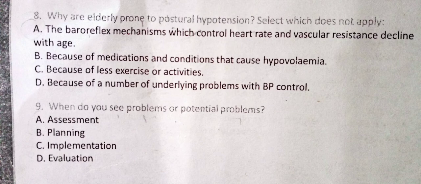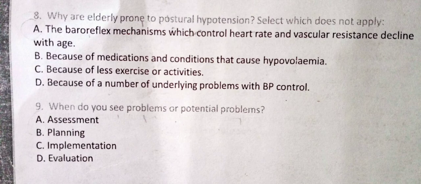Option C, because of the less exercise or activities. Option D, because of a number of underlying problems with BP control. So the correct answer is option A, the baroreflex mechanism which control heart rate and vascular resistance decline with age. This is the one which does not apply.